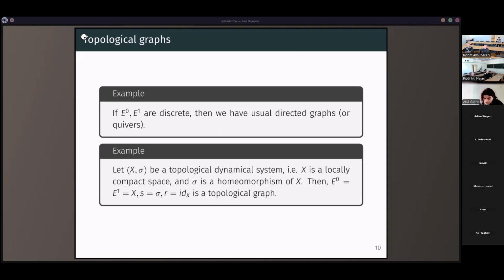And say for instance we have a topological dynamical system (X, sigma), that is, X is a locally compact space and sigma is a homeomorphism of X. Then we define our topological graph to be E0 and E1 both the same space X, the source map S to be the homeomorphism sigma, while the range map is the identity map. This is another example of a topological graph, which of course does not have a discrete topology.